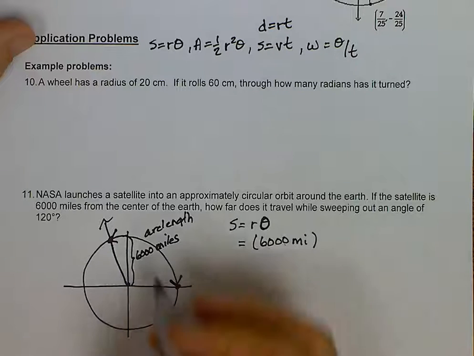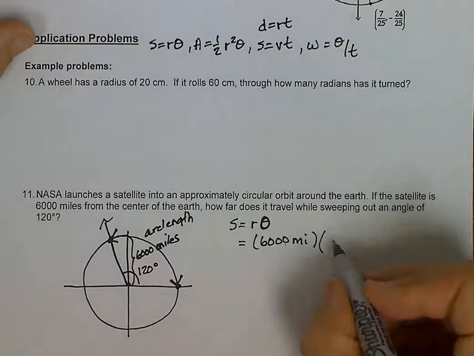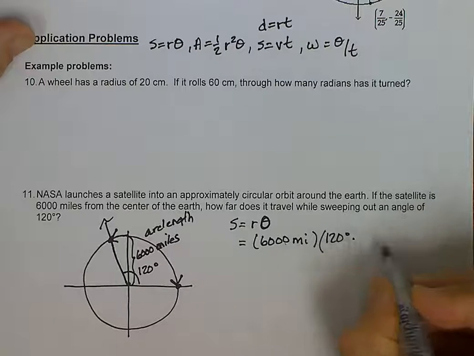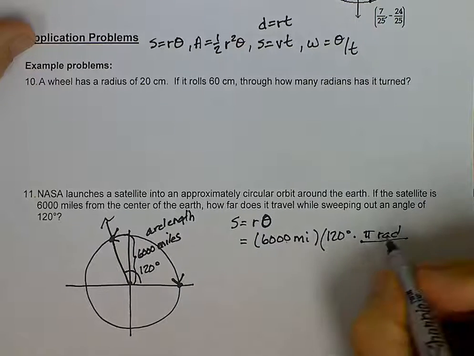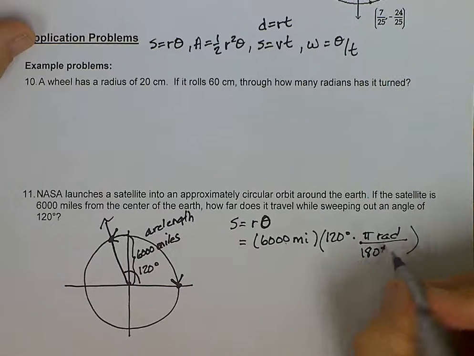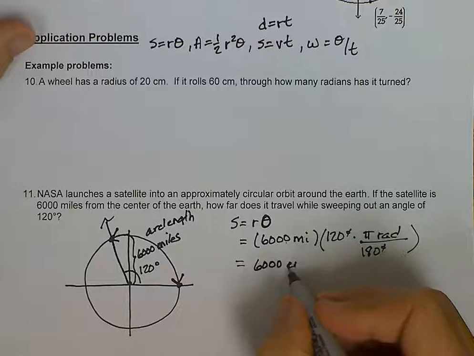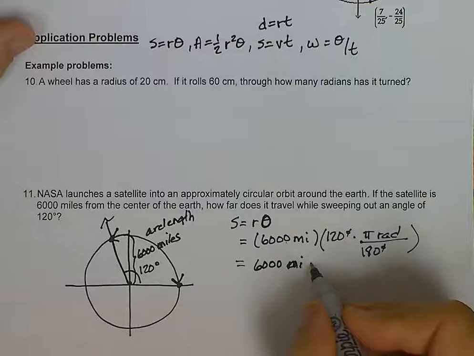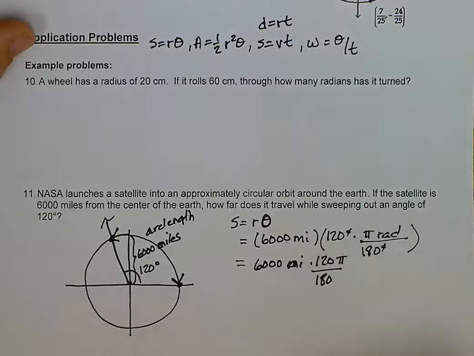We have an angle that's in degree measure. We need to convert it to radians for this formula, and I'm just going to do that inside of the formula. I'm using the unit fraction of pi radians over 180 degrees so that my degrees will cancel. What I have here is 6,000 miles times 120 pi over 180.